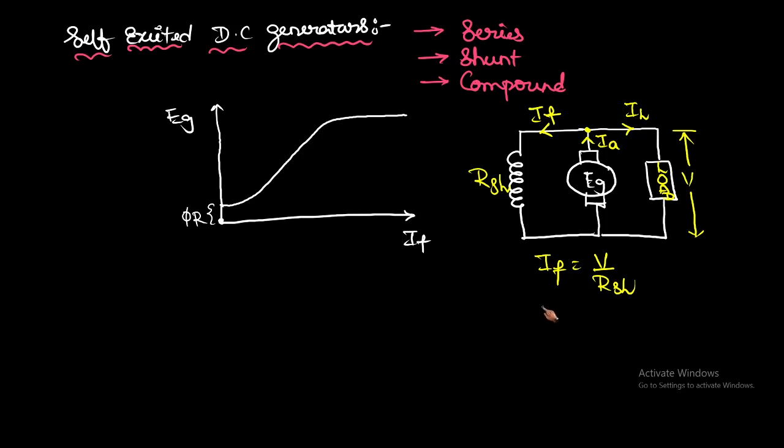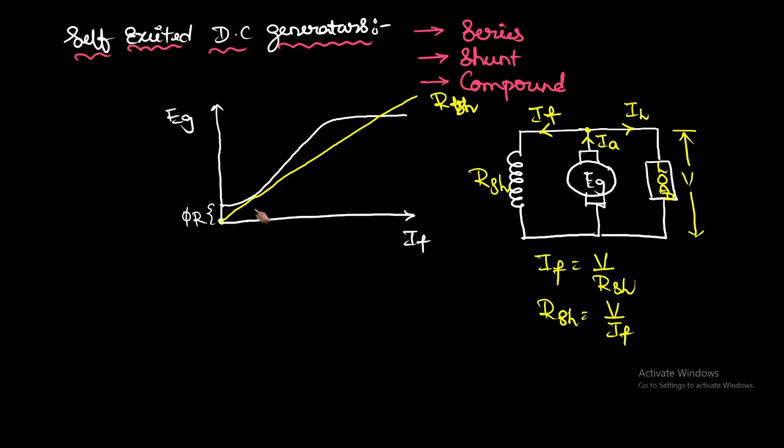If you want to get the Rsh or Rf value, we can take V by If, so it is the slope of the curve. I am drawing the graph like this, which is the field resistance graph.